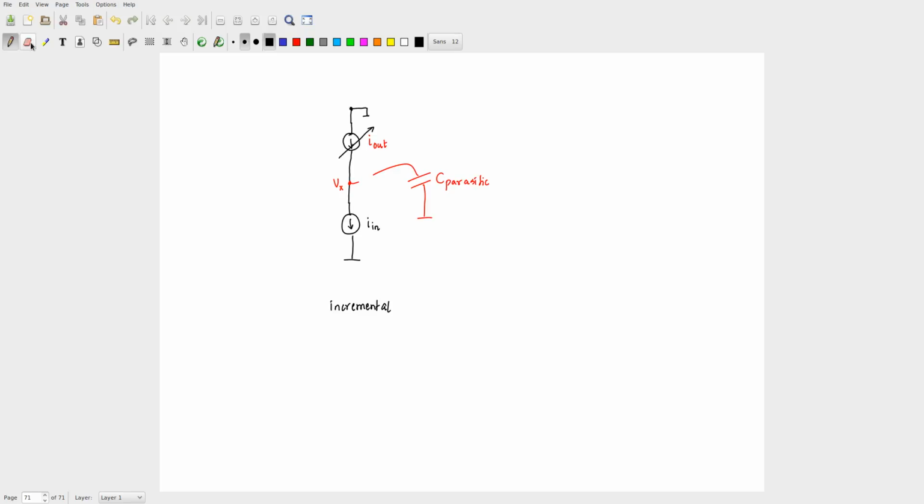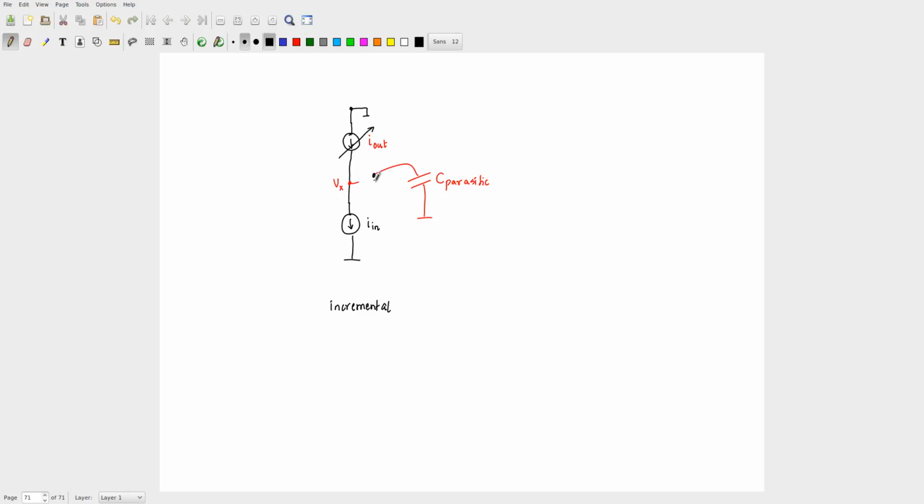What will this voltage be? Remember, this is the incremental circuit.